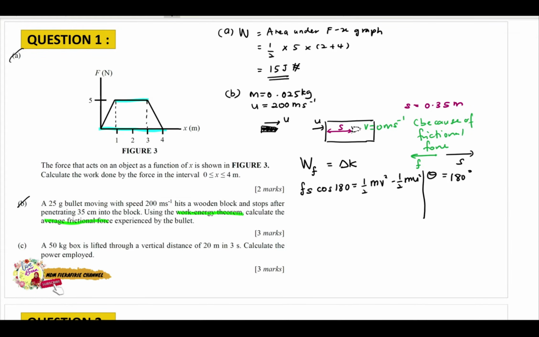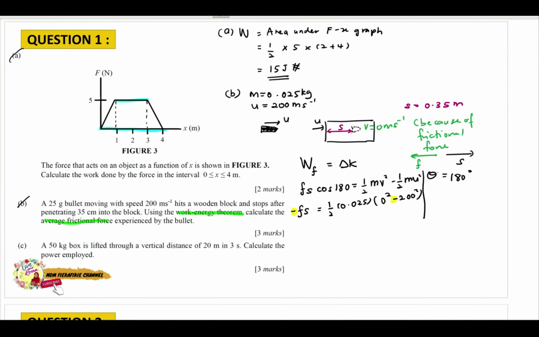Okay, and then cos 180 is negative 1, so Fs equal to half. So the mass, we can factorize the mass, 0.025 kg, and then v squared minus u squared. Okay, so negatif ni kita boleh cancel.